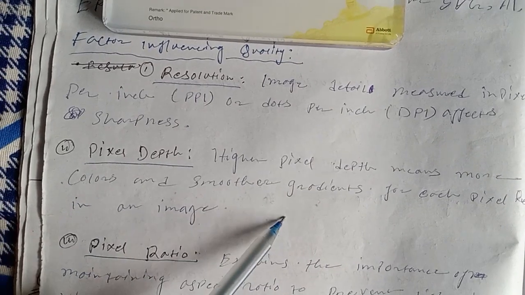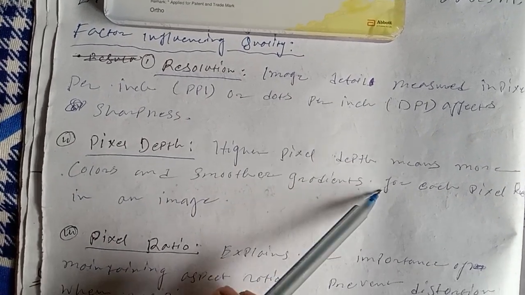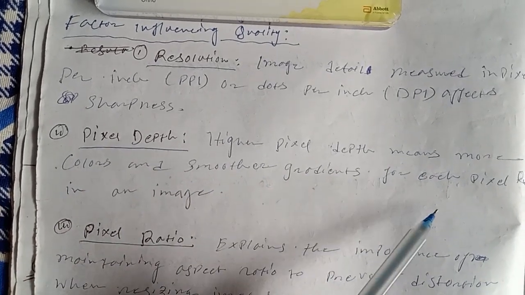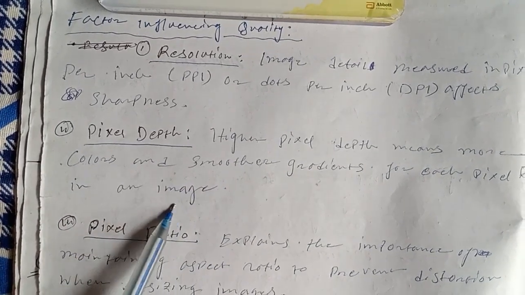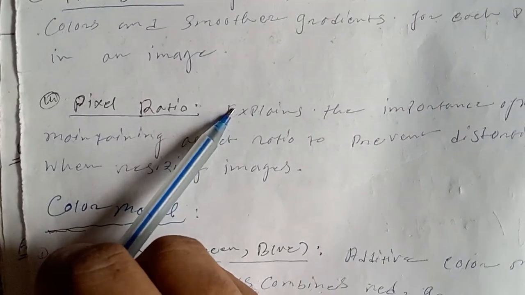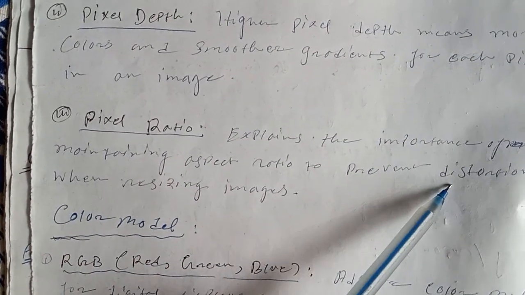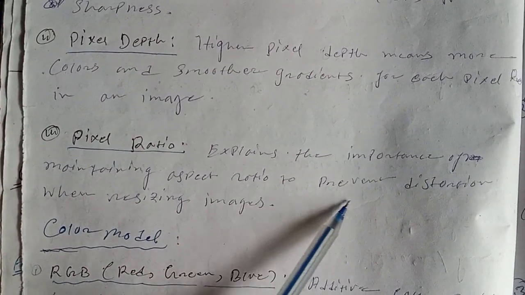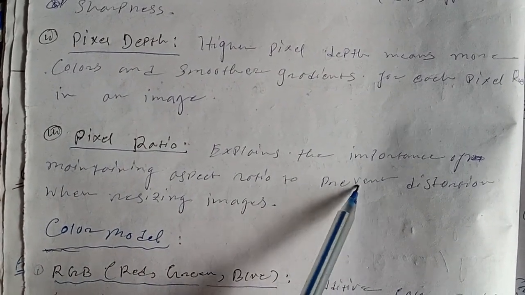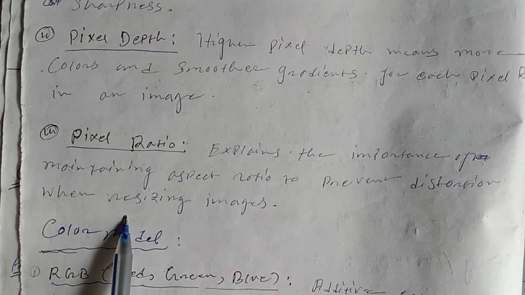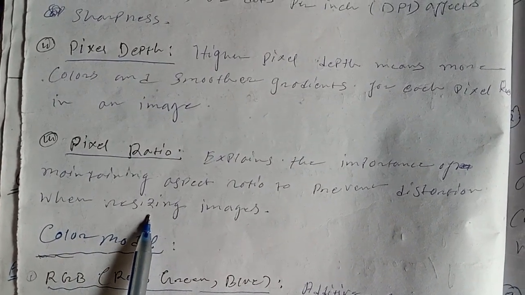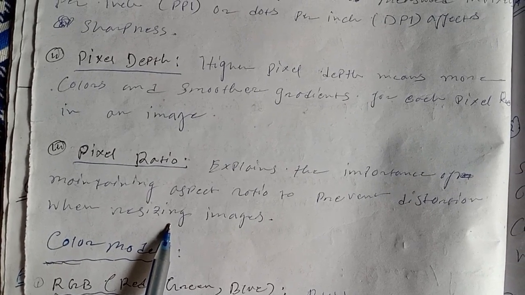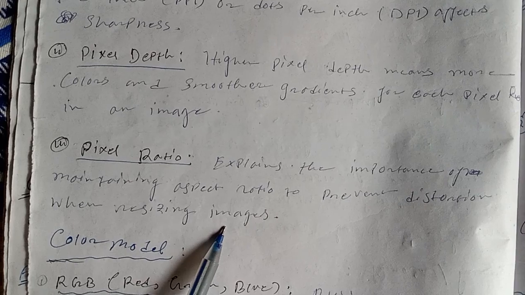Pixel depth: a higher pixel depth means more colors and smoother gradients for each pixel in an image. Then pixel aspect ratio explains the importance of maintaining aspect ratio to prevent distortion when resizing images.